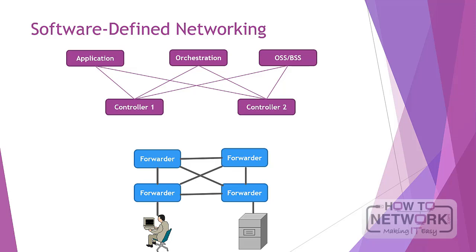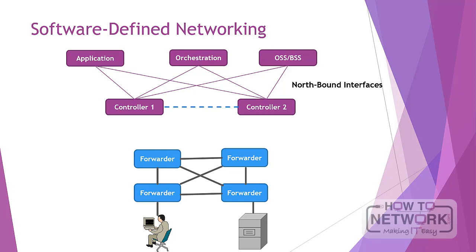The controller is the network's brain, right? It's the control plane. So whatever interfaces are used between the controller, orchestration, or OSS/BSS are called northbound interfaces. All right? Those are the interfaces that will provide the orders to the controller on what to do.